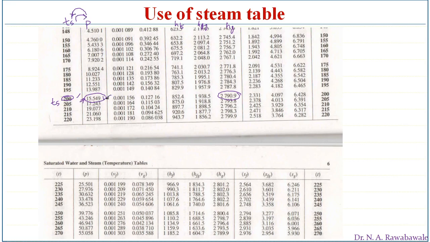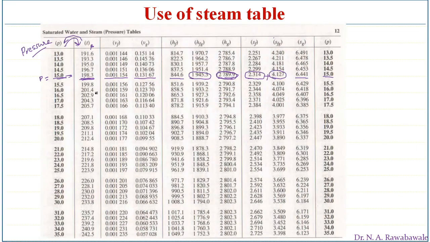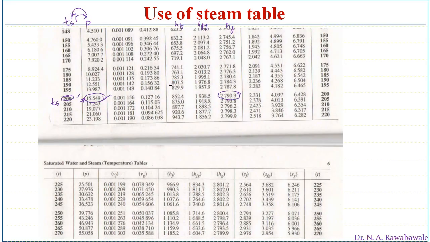Corresponding to 15 bar, the same values we will get here. So the same table is arranged in different ways. That is nothing but the properties of steam based on saturation temperature, or properties of steam based on pressure in bar, given in two ways in the steam table.